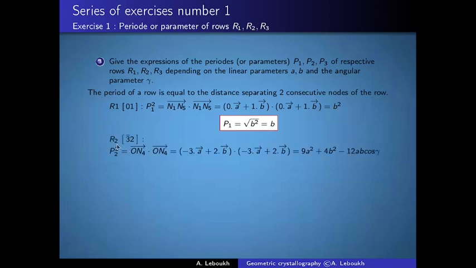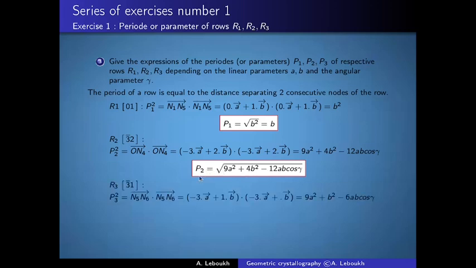For R2, we find in the same way that the distance between O and N4 is equal to this expression, and by taking the square root we obtain P2. In the same way, P3 is equal to this expression.